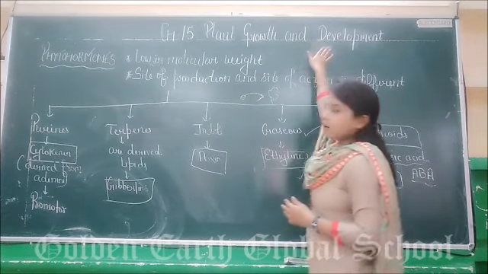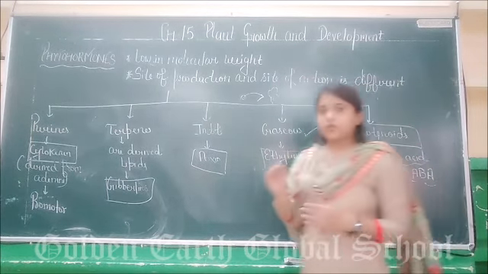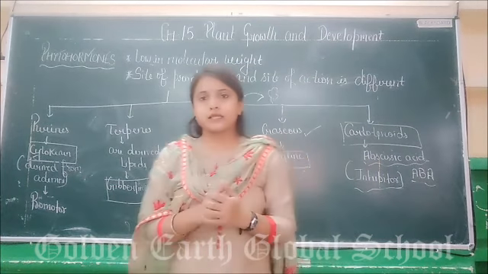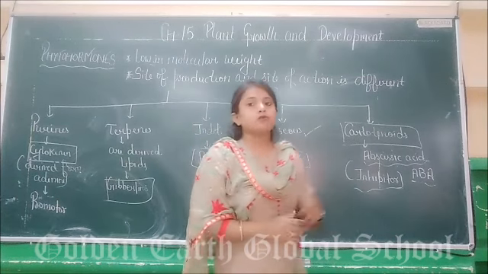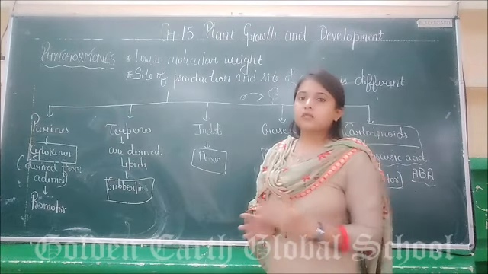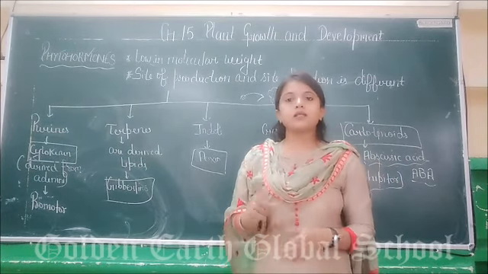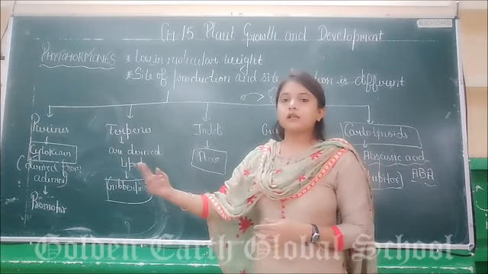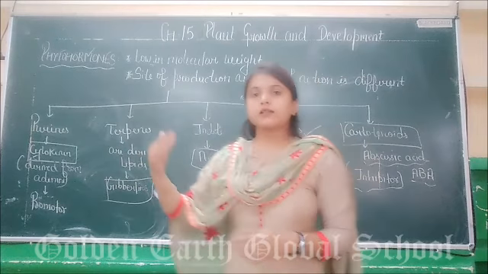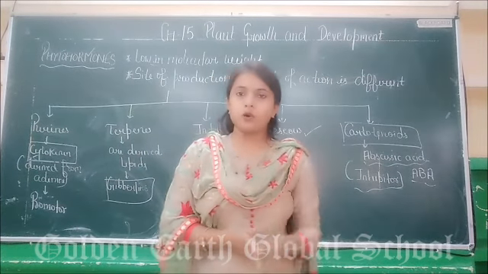Development is a sum of two processes, that is growth and differentiation, right? We know that all organisms start their life from a single cell. From the single cell, they divide and we have two cells, then 4 cells and then 8 cells, and the multiplication goes on, right?